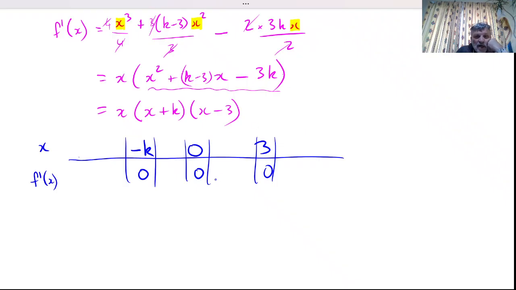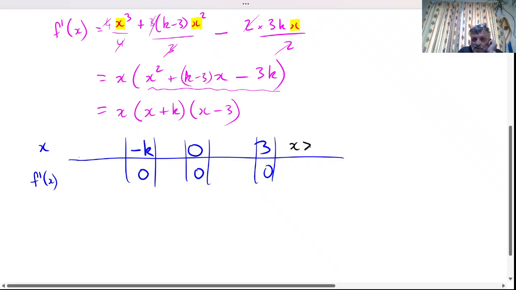And what we want to find out is what the value of this is, not the exact value, but whether it's positive or negative in all of the intervals that are marked on here. So, let's just use a different color.